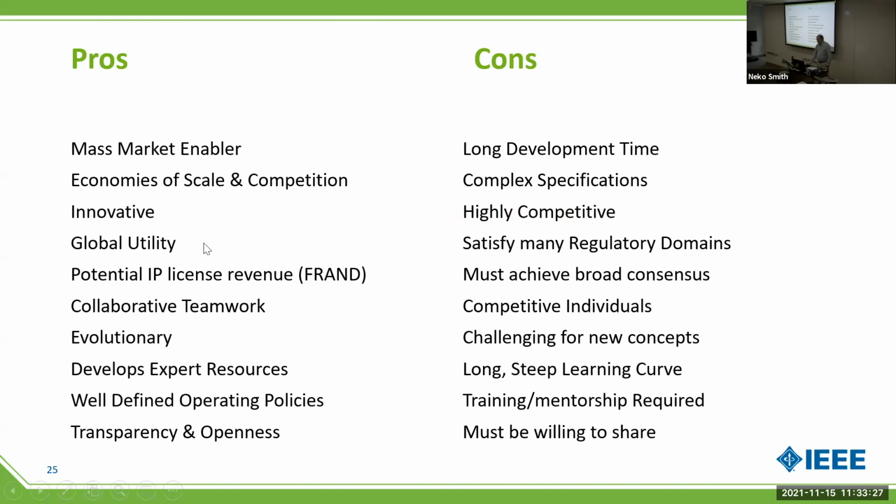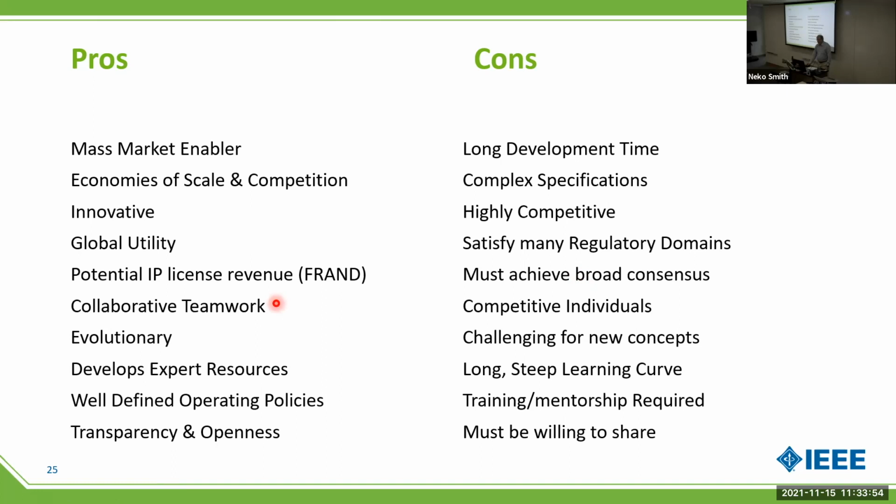It supports a global marketplace, but you have to satisfy many regulatory domains. You've got potential intellectual property license revenue, but you've got to make it available on a free, reasonable, and non-discriminatory basis. But in order to get that, you need to achieve broad consensus, which is a challenge.